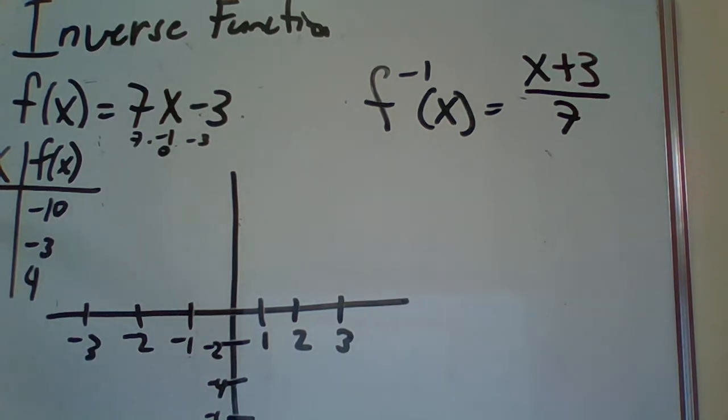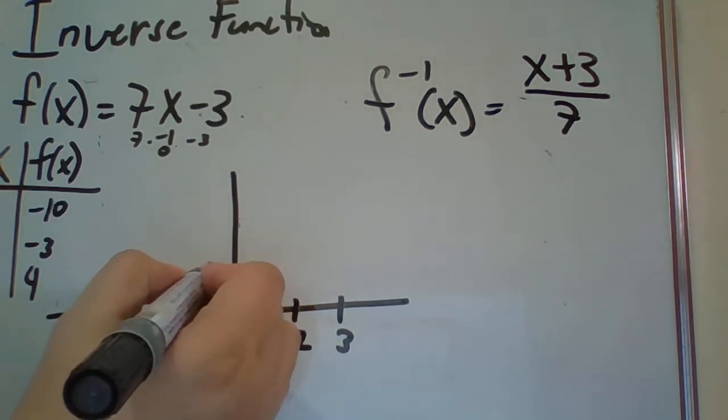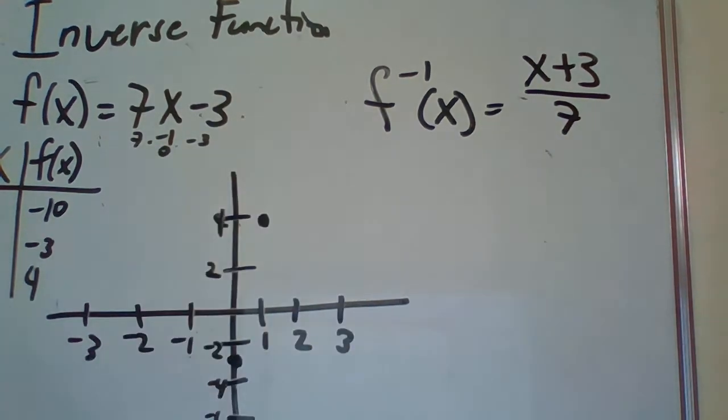So, negative 1, negative 10. So, dito siya. Ayan, dyan siya. Okay? And then, 0, negative 3, nandito yan. And then, 1, 4. So, 2, 4 dito. So, ang itsura ng graph mo ay, i-plot natin.